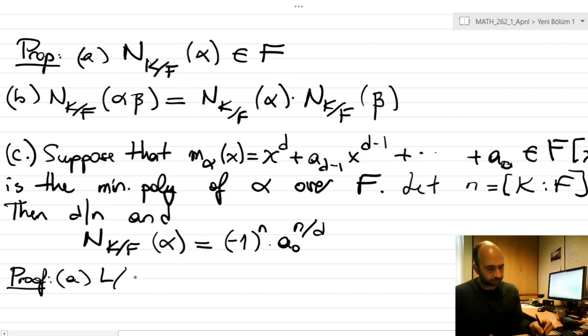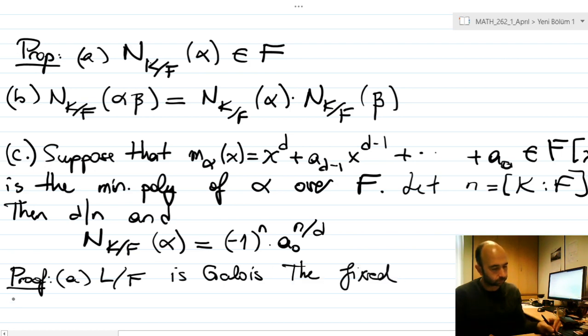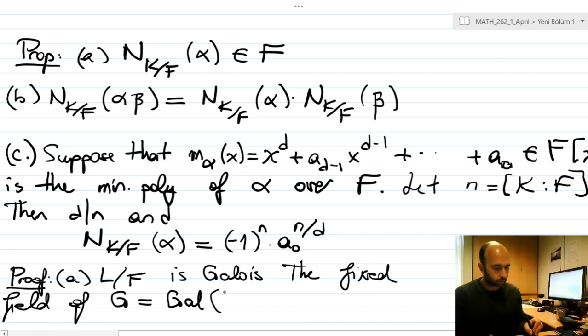K over F might not be Galois, but it's contained in a Galois extension, L over F, by our assumption in the beginning. This is Galois. And the fixed field of the full Galois group, G equals Galois group of L over F, is the base field.